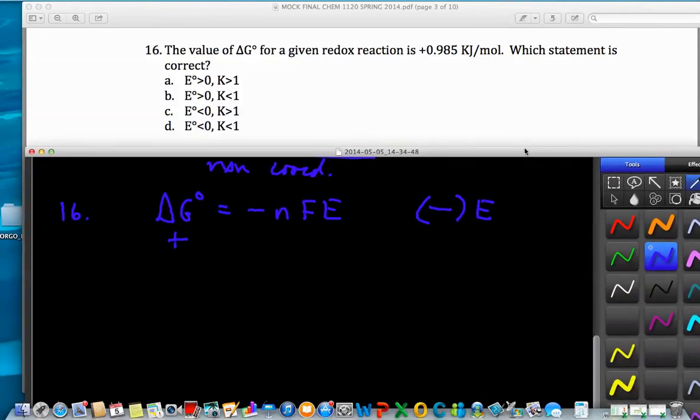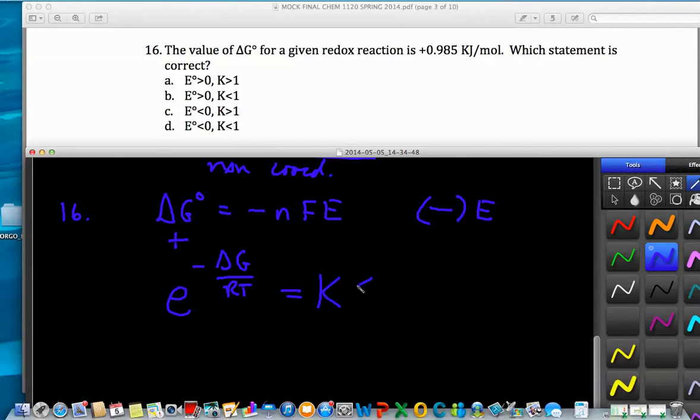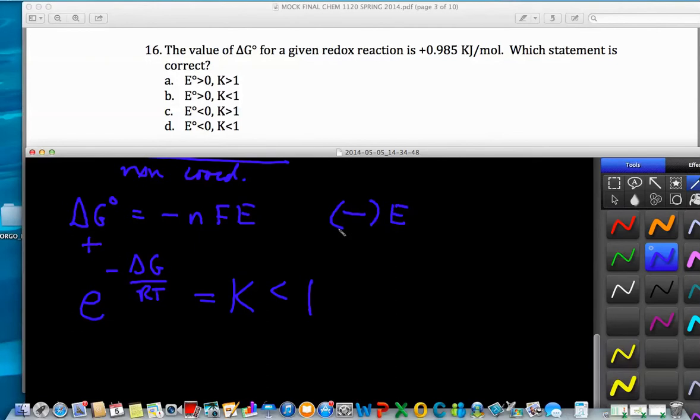Also, when delta G is positive, remember it's going to be E to the minus delta G over RT. That's equal to K. This means it must be less than 1 because I'm taking the negative exponent of base E. So for those reasons, the best answer for 16 is response D.